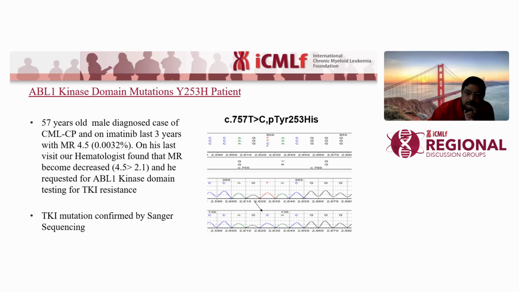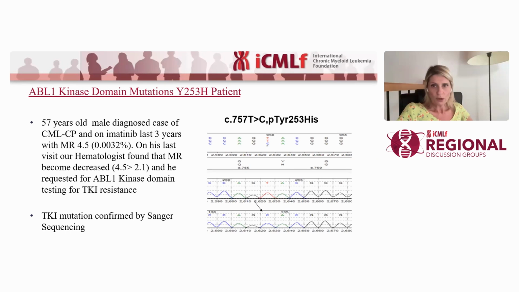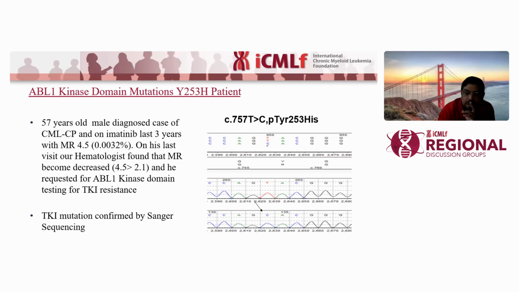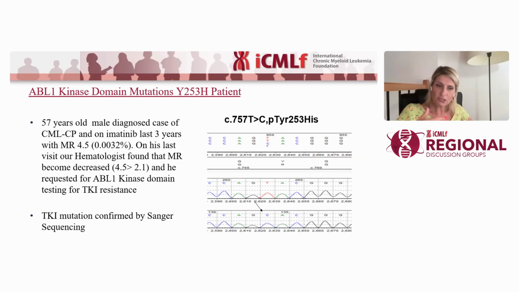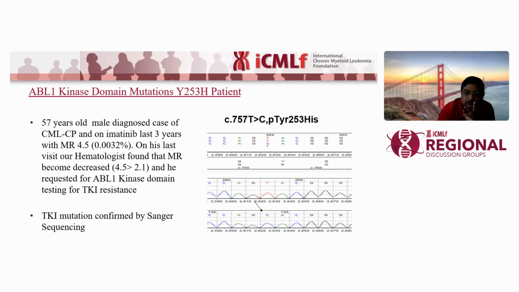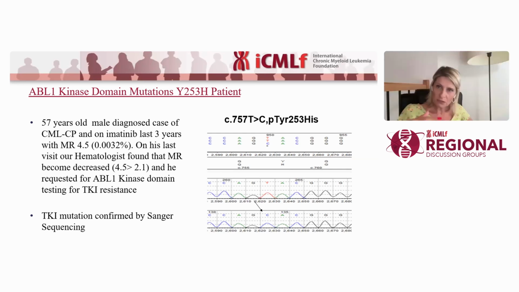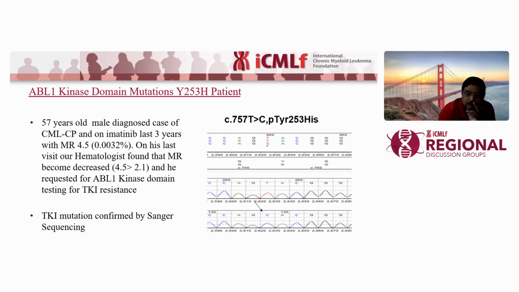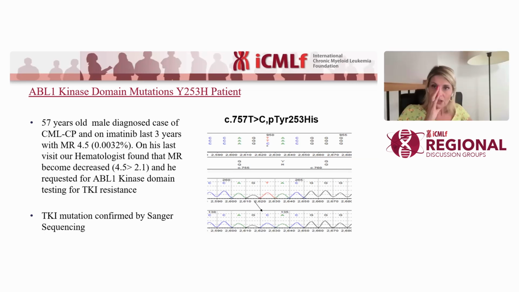Which means that even if you decided to implement NGS for BCR-ABL mutation testing, that would not give you the advantage of investigating patients with lower levels of BCR-ABL transcript. So this is something I wanted to underline.